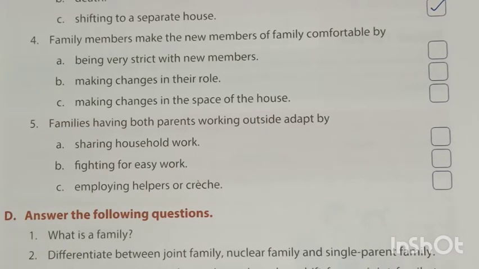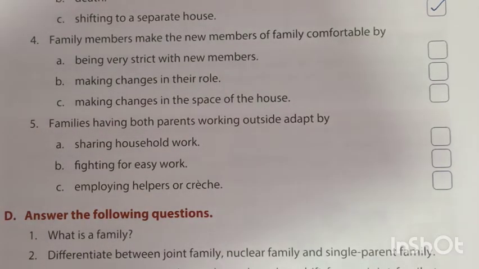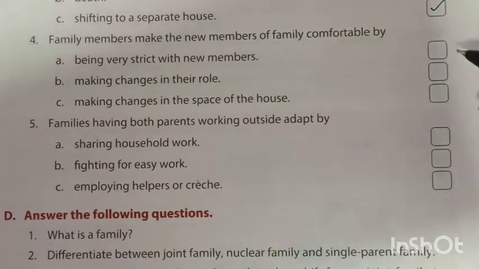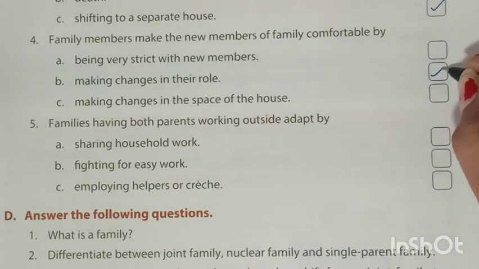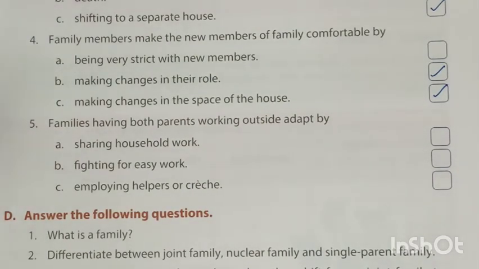Third is, making changes in the space of the houses. So this will be B and C. Fifth, families having both parents working outside adapt by sharing household work, fighting for easy work, employing helpers or share. So A and C.